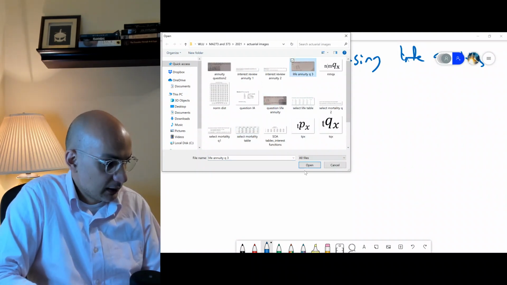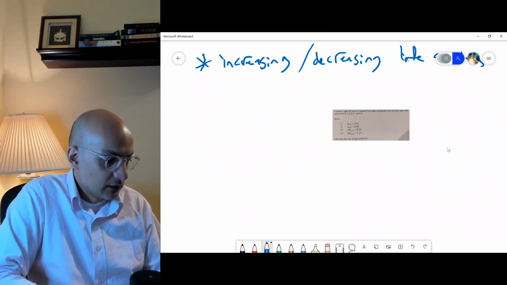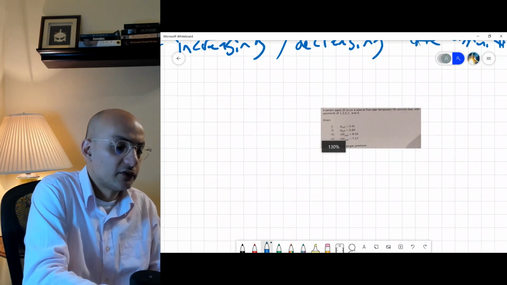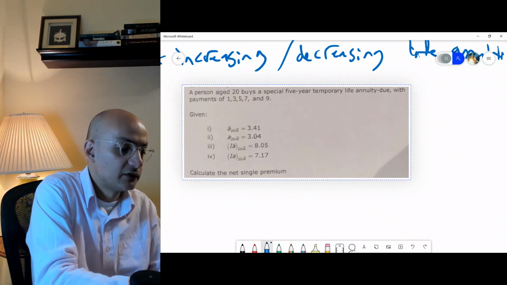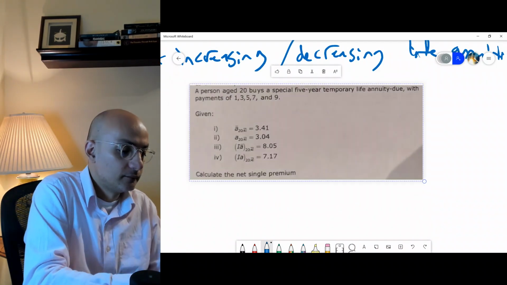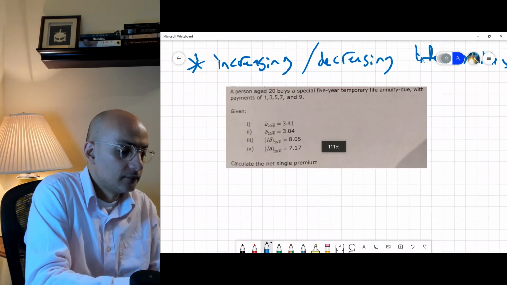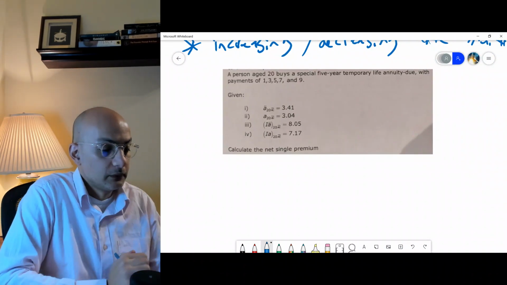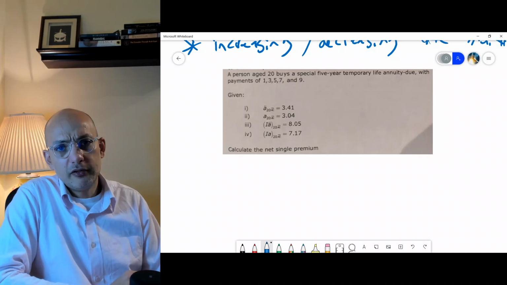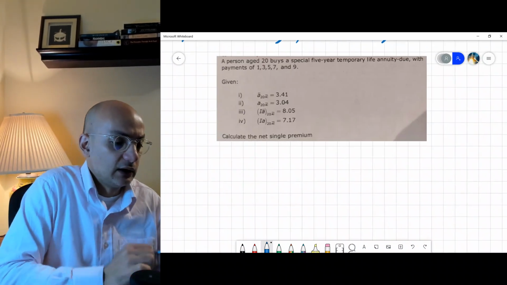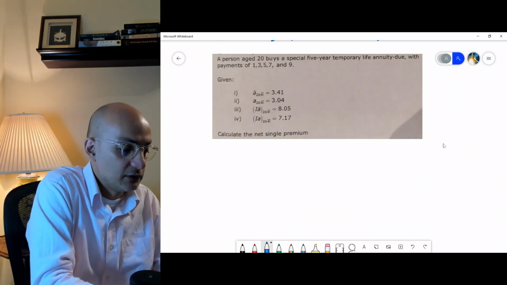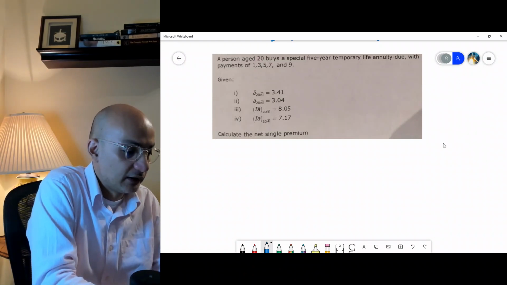I put this one here. This is also from the Society of Actuaries. One of the questions was from the Society of Actuaries. For this question, we need to calculate the net present value for this interesting temporary life annuity, and it's actually an increasing temporary life annuity.